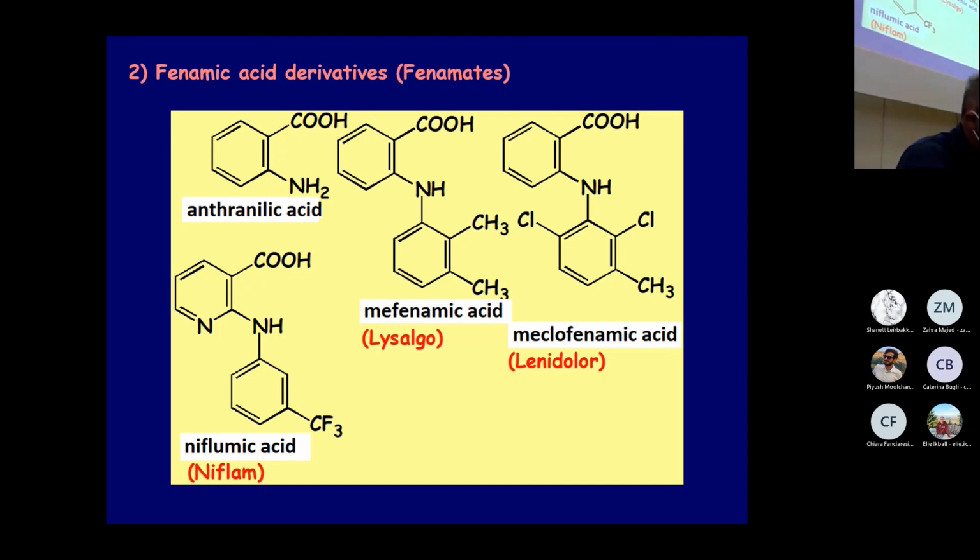If you remember, NH2 is an isoster of OH. So some years ago, the scientists tried to replace the ortho OH group with the NH2 because it is an isoster.